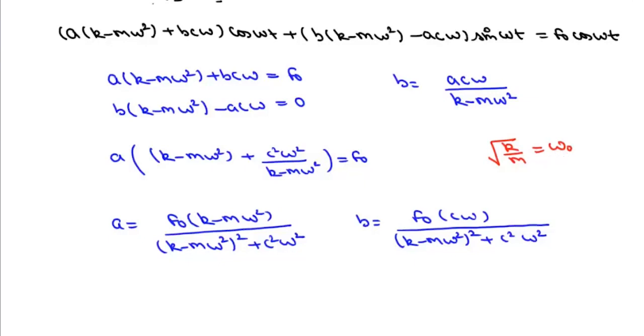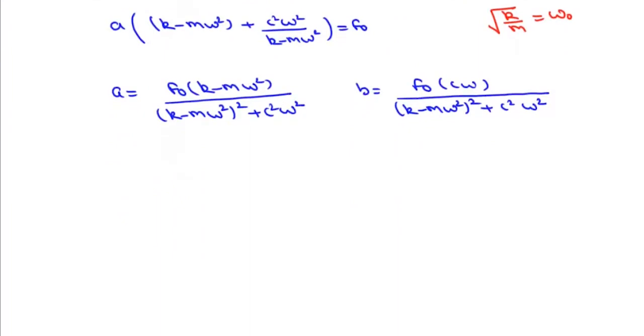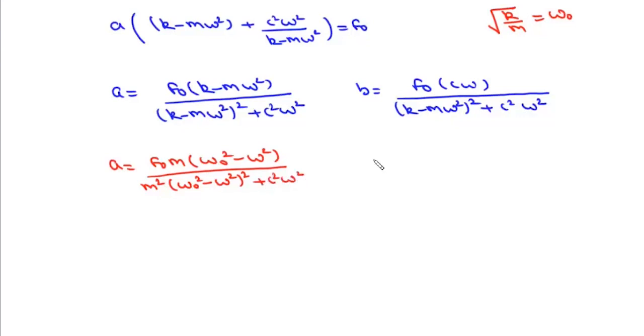So now we can write a equals F naught m into omega naught square minus omega square upon m square omega naught square minus omega square whole square plus c square omega square, and the value of b will be F naught c omega upon m square omega naught square minus omega square whole square plus c square omega square.